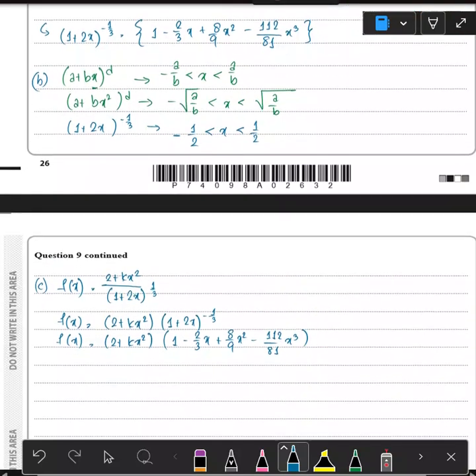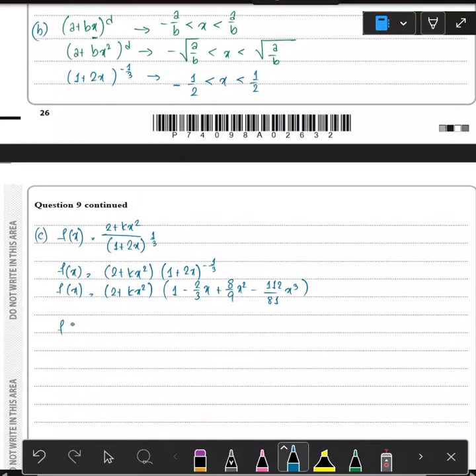So for this now, if I start expanding, I'll first multiply 2 with this expression and then kx squared with this expression. So 2 multiplied by 1 would be just 2. Then 2 multiplied by negative 2 by 3x would be negative 4 by 3x.